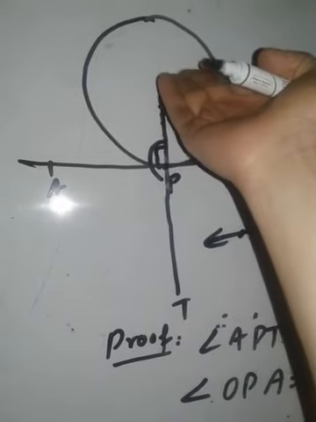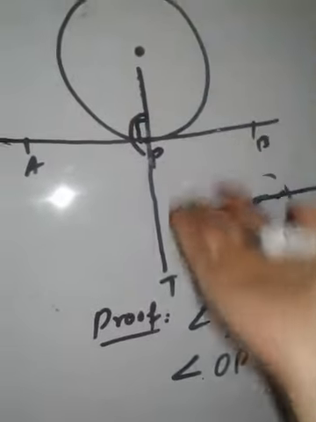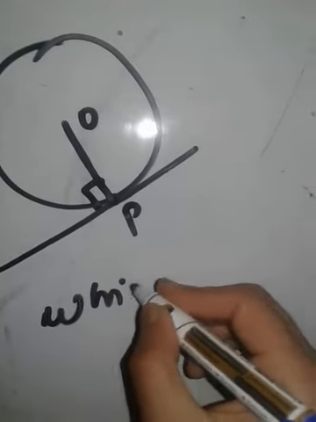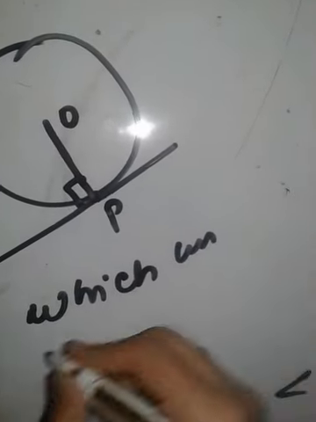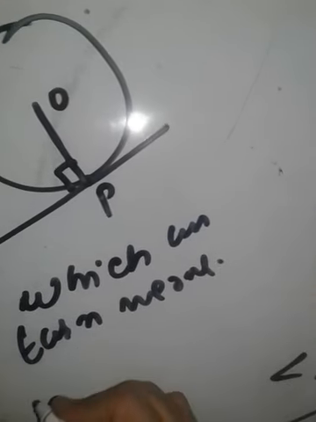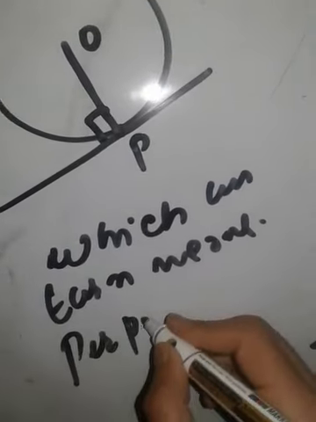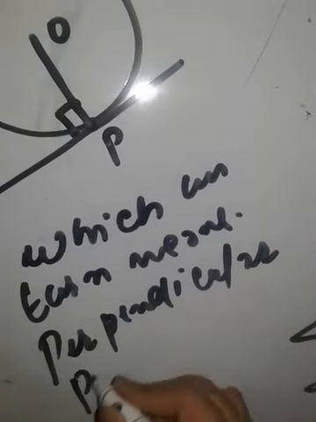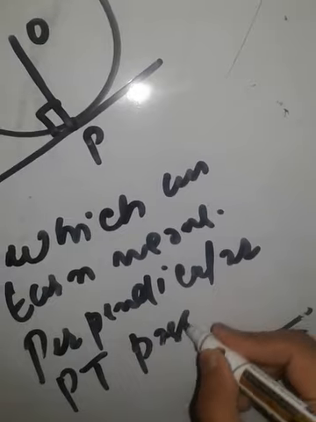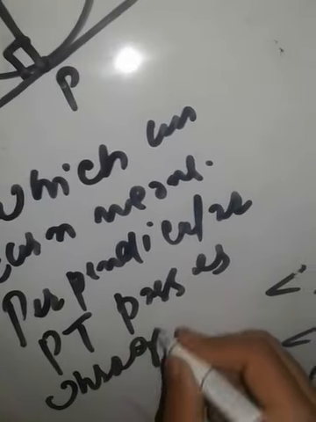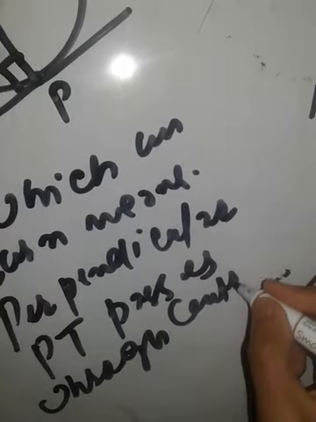Simple, because O is the center of this circle, so it passes through the center, which in turn means the perpendicular PT passes through center O. That proves your question.